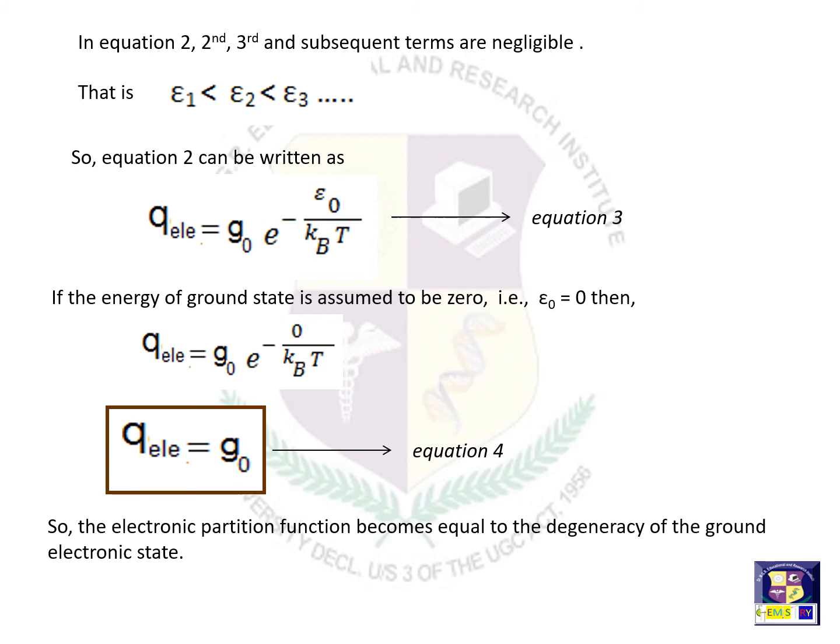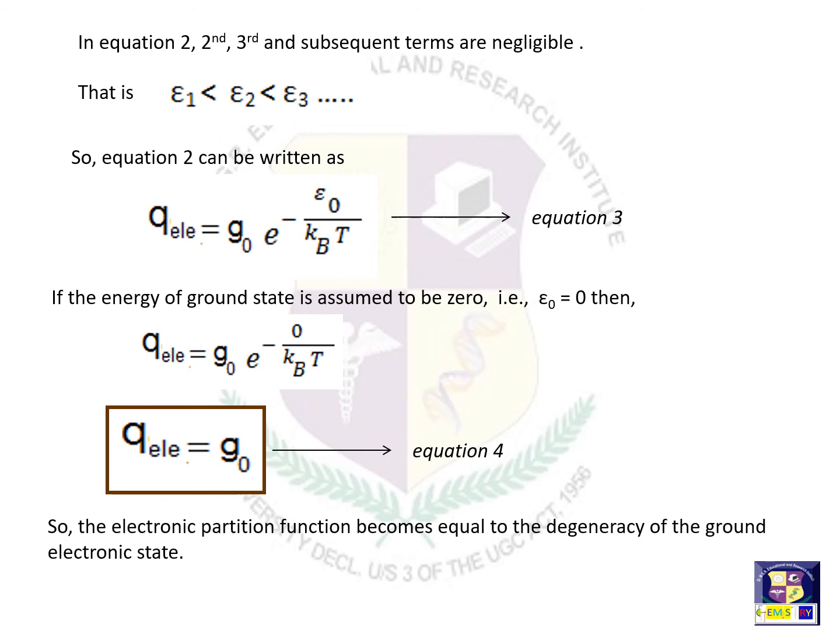That is, the energy of the first state is very small compared to the energy of the second level or the third level. So the energies at the higher levels are more compared to that of the ground state energy level. So we write equation 2 as Q electronic equal to g0 into exponential power minus epsilon0 divided by kBT. We are considering only the ground state level for this.